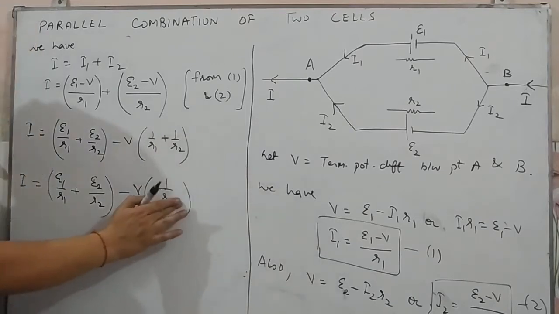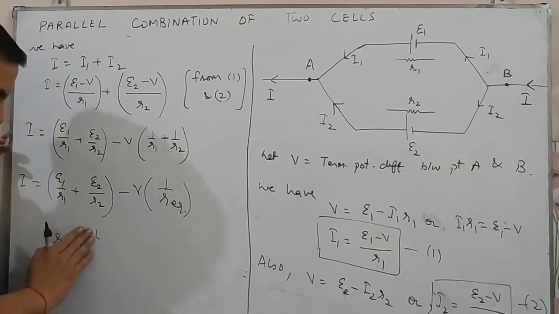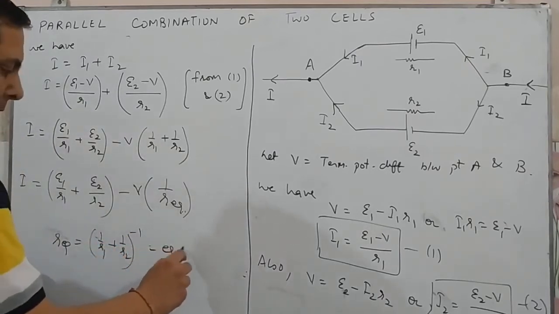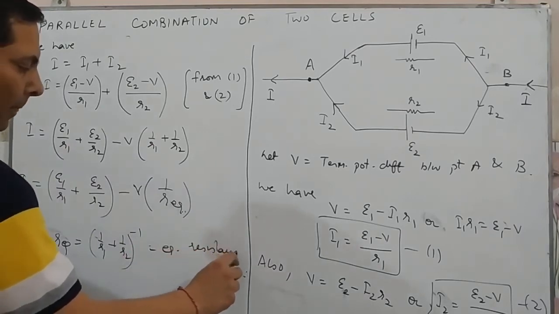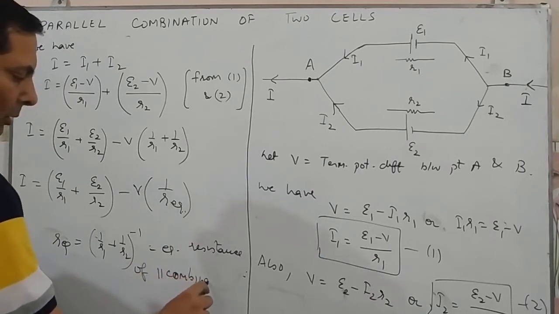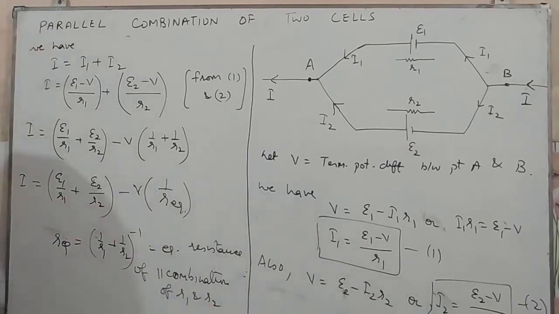You know what R equivalent means: it is the equivalent resistance of the parallel combination of R1 and R2. I hope this is clear. 1 upon R equivalent equals 1 upon R1 plus 1 upon R2. Take the inverse, and R equivalent equals the inverse of this.